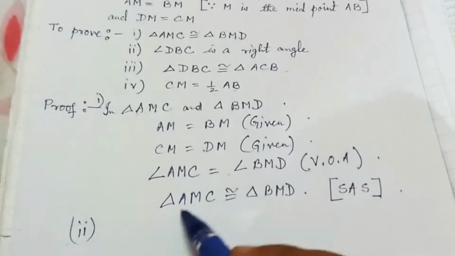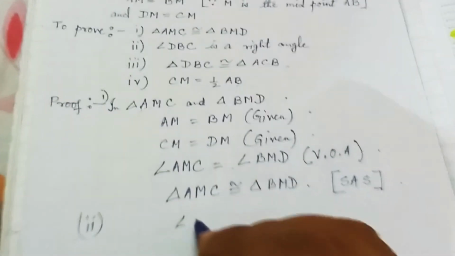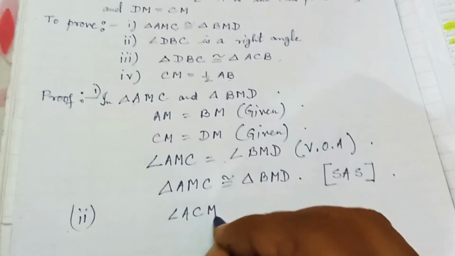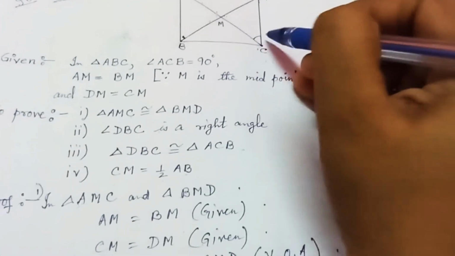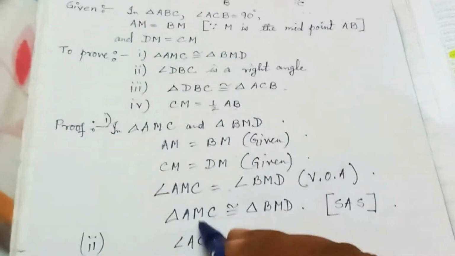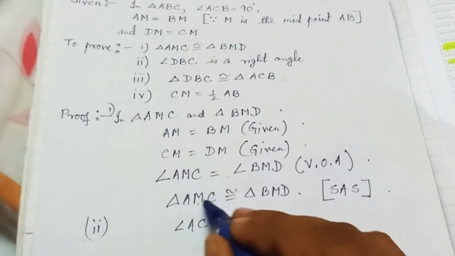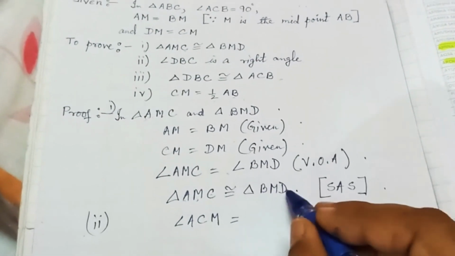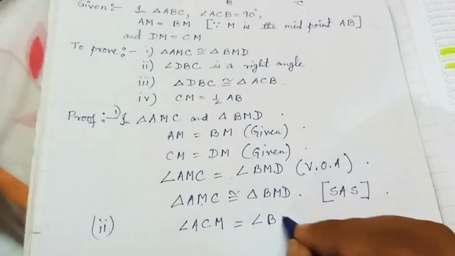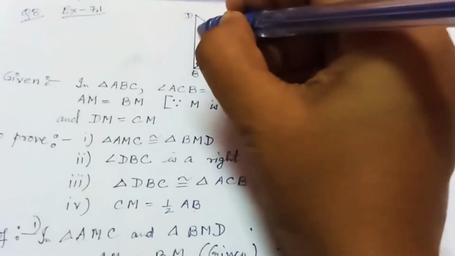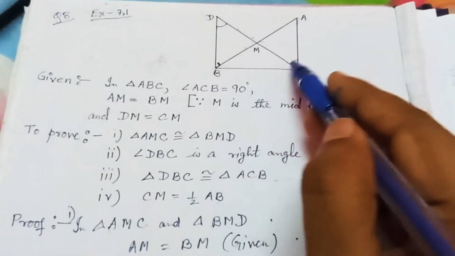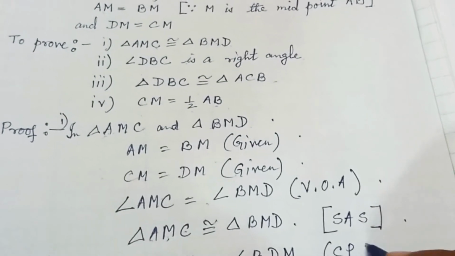So angle ACM equals angle BDM, taking first, third, second in both. So they are equal from CPCT.